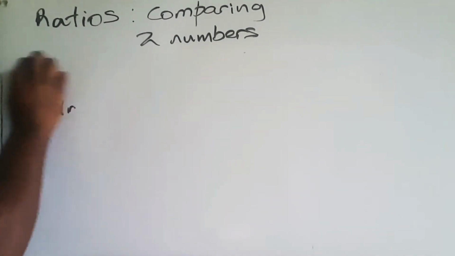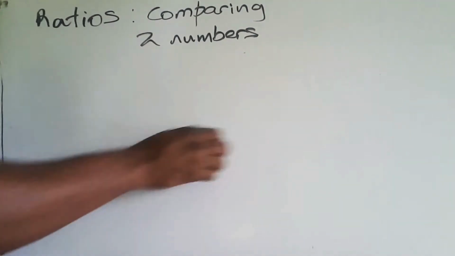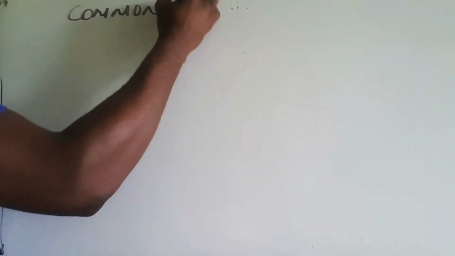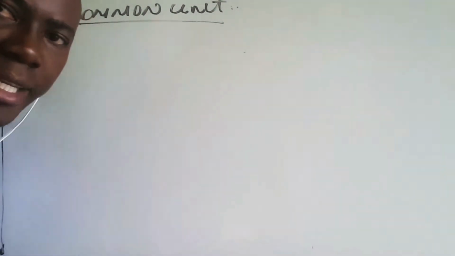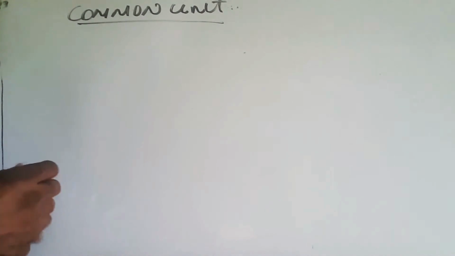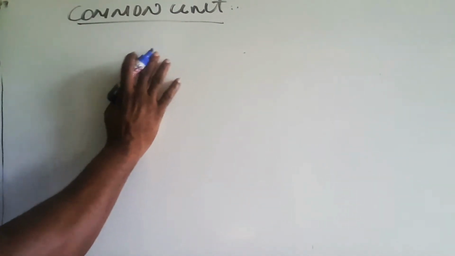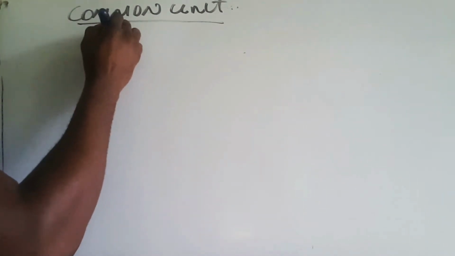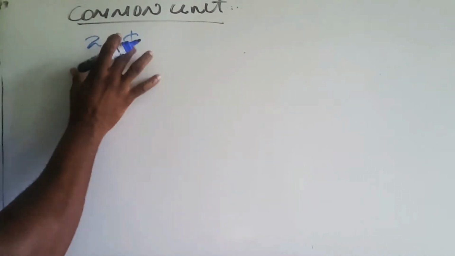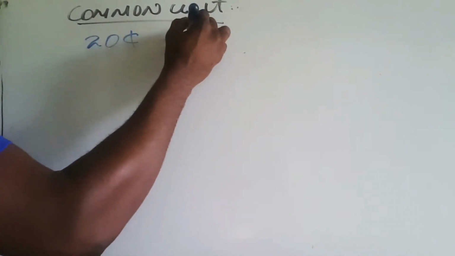Mainly when we're writing things in ratio, we try to make sure that we have them in a common unit. So when writing ratios, we must use a common unit. And when we have a common unit, that will give a deeper idea into what we're doing. For example, let us say we have 20 cents, and somebody else has say $3.